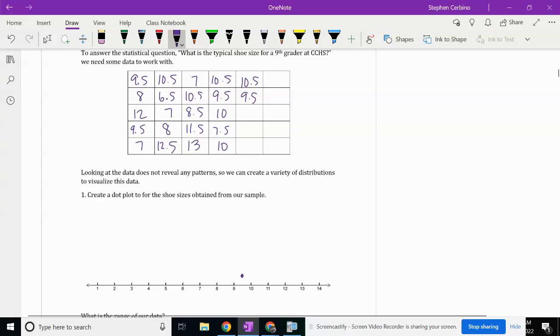My second dot would be at 8, at 12, at 9.5 again, at 7, at 10.5, at 6.5, at 7 again, etc. And you should do this along with me so that you can make your dot plot as well.